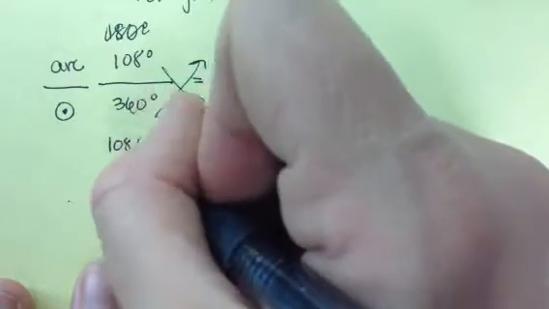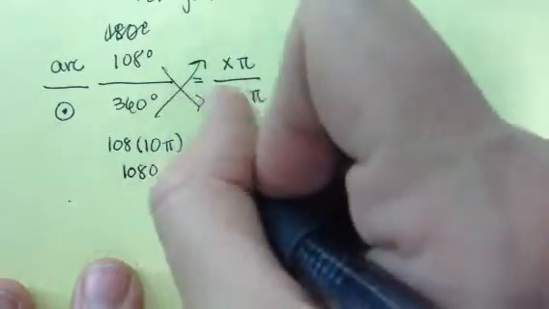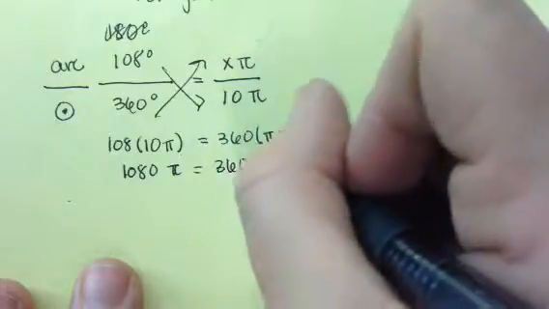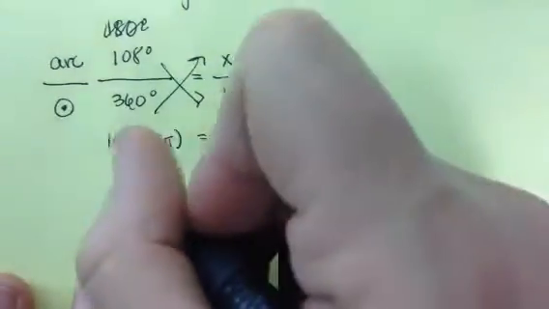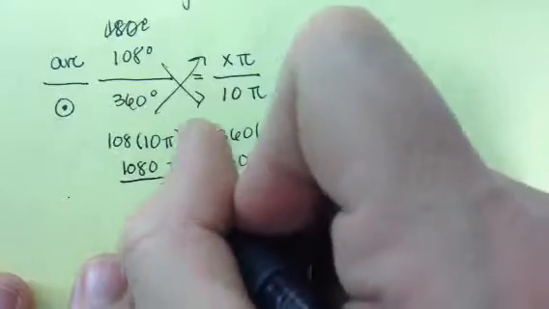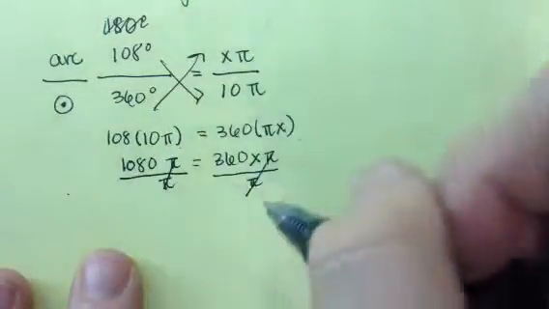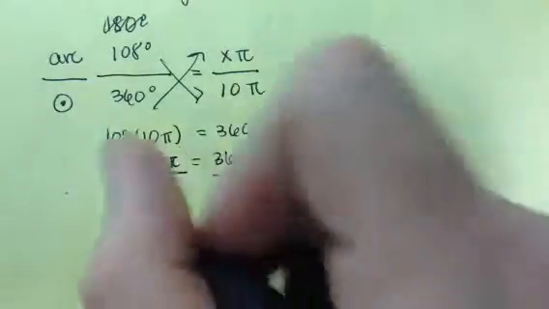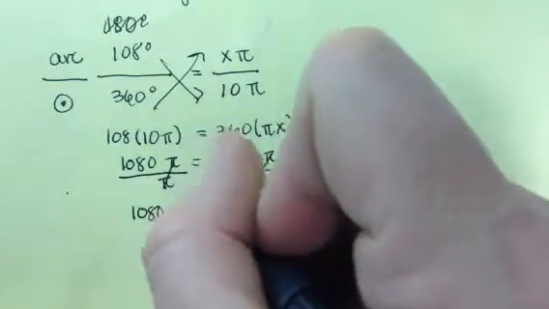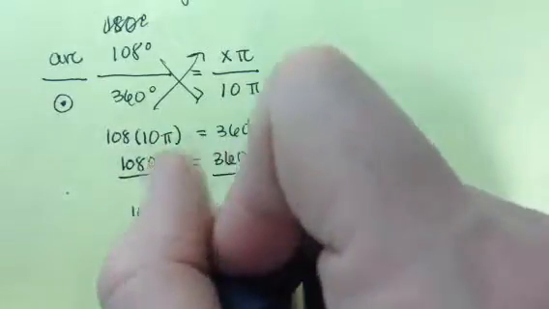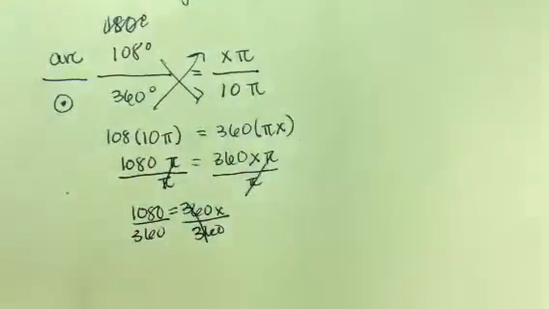When I multiply 108 times 10, that's 1080 pi is equal to 360 x pi. We can divide pi off on both sides just to simplify that. So now we have 1080 equals 360x. So now if I divide both sides by 360, I'm going to get my answer for x.